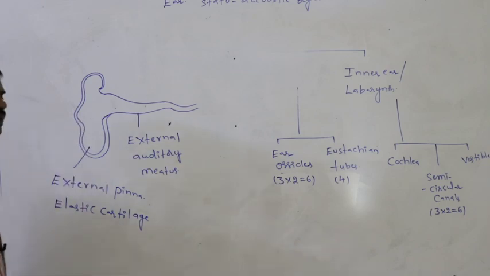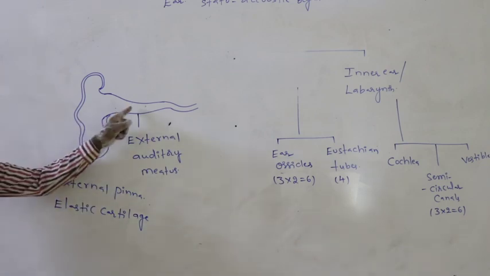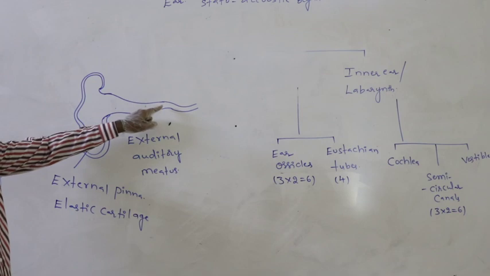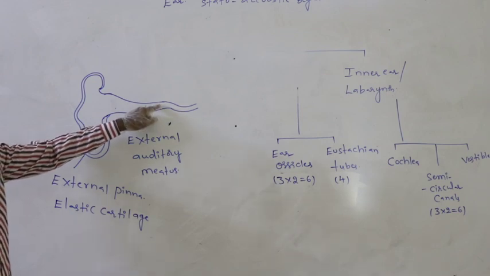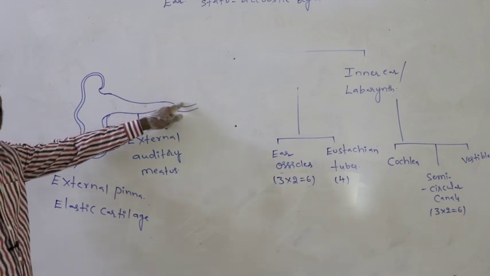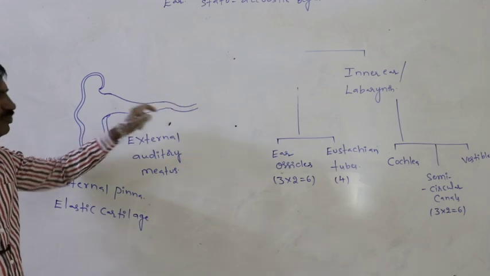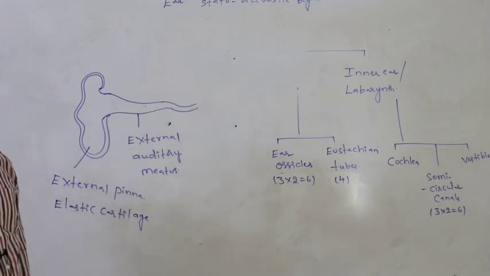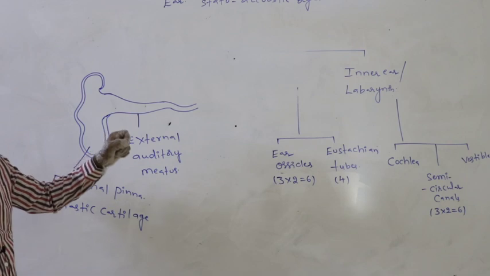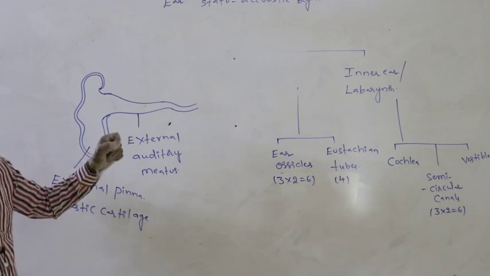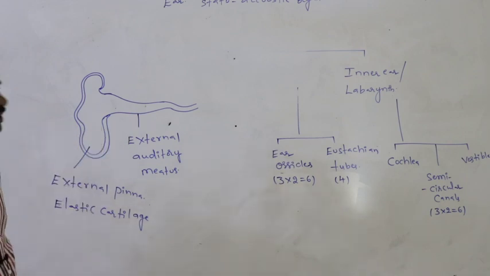This external pinna opens into a curved tube, meaning it is long and with a bending nature. The external auditory meatus is slightly curved.